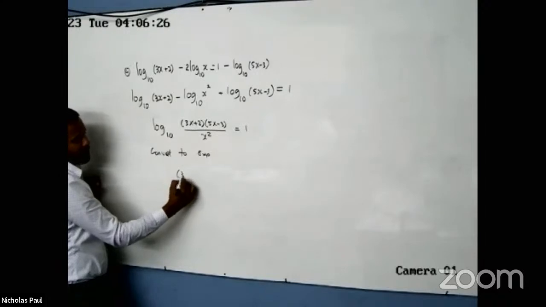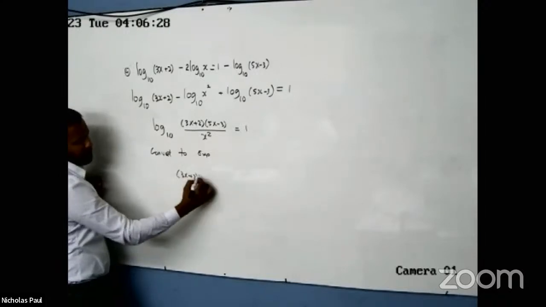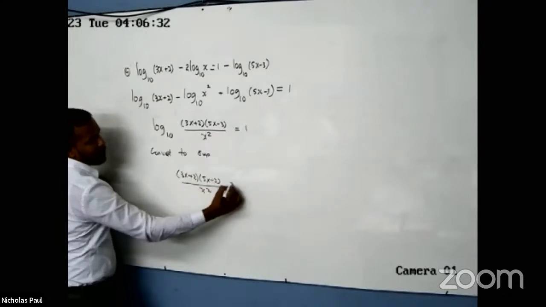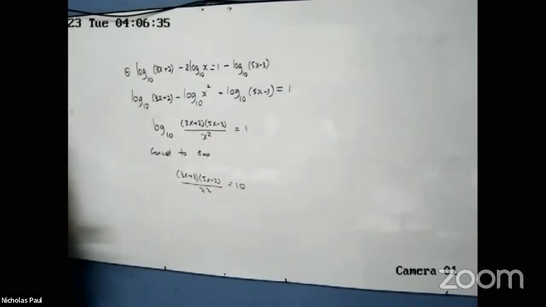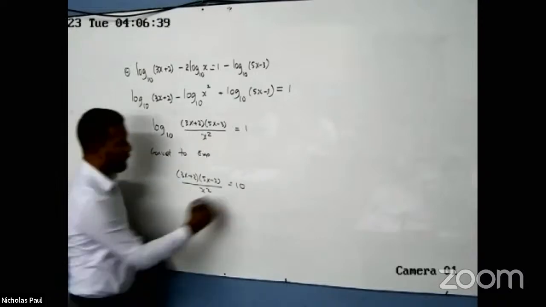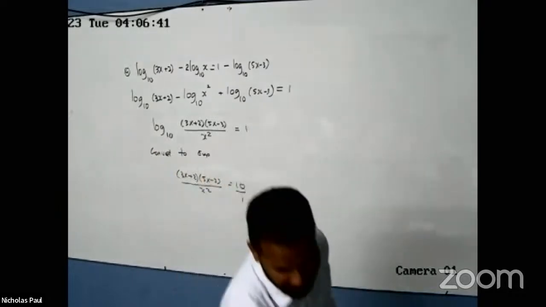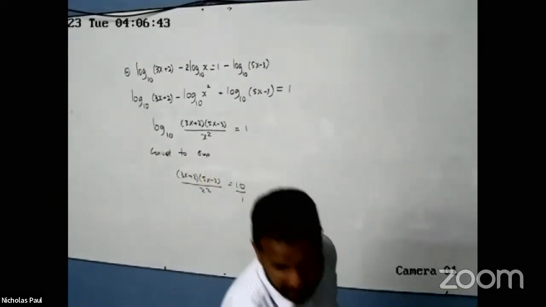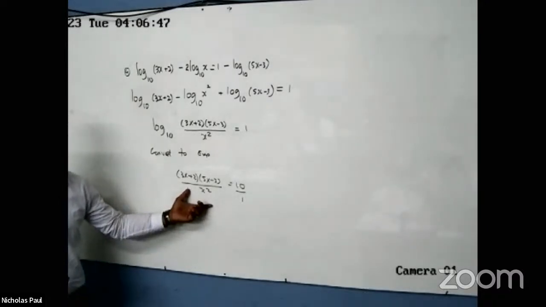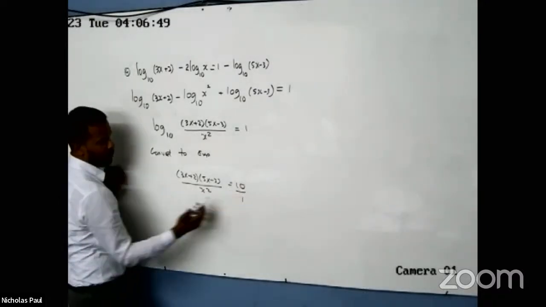So it will be 3x plus 2. You can multiply down if you want. But in any question, I do not like fractions, right? So I want to get rid of this fraction underneath here. What can I do? Cross multiply, or multiply everything by x squared. I don't want this fraction, so cross multiply.